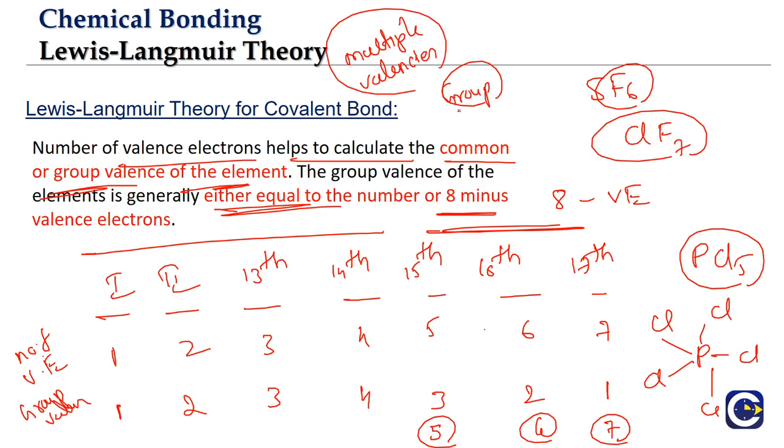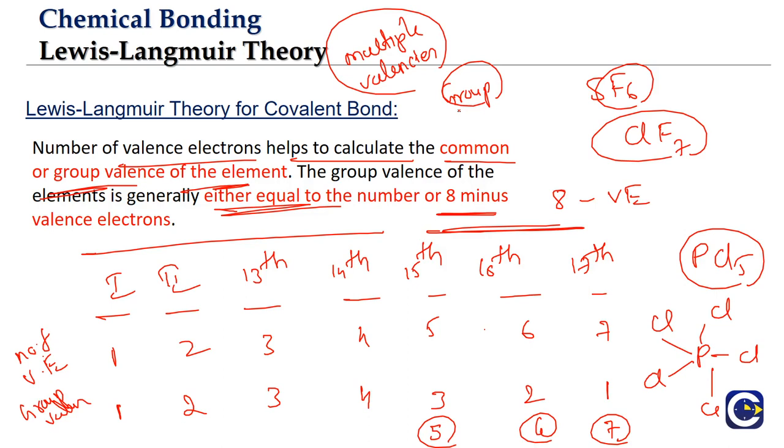So how do you get the covalence? Some elements like the p block elements can have multiple valencies, but generally we can get the common covalence value of a particular group by knowing the number of valence electrons. For the first, second, 13th and 14th groups, the number of valence electrons will generally be the covalence.